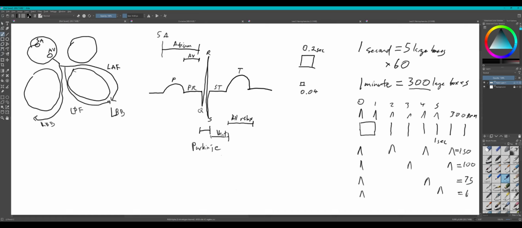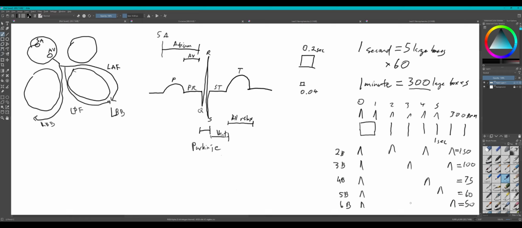All right. So 2 blocks, 3 blocks, 4 blocks, 5 blocks. What's 6 blocks? 300 divided by 6. 50. Yep, 50.